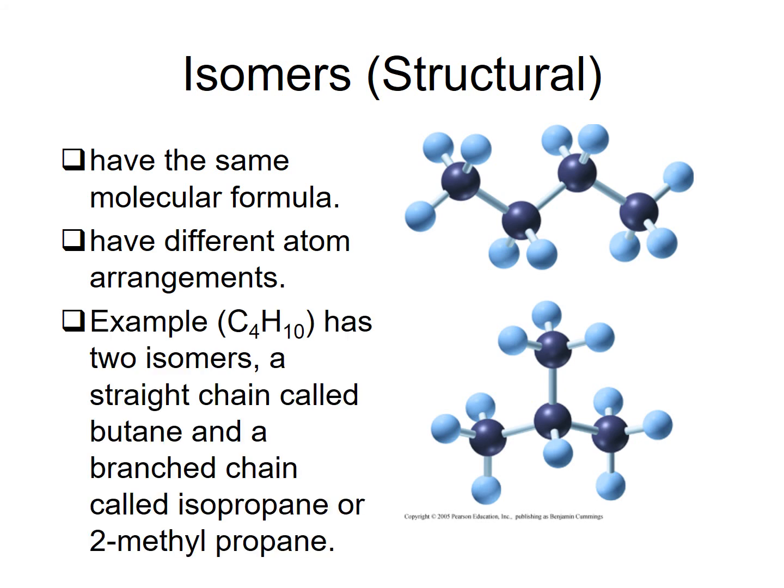These two isomers are called isobutane, or 2-methylpropane, for the branched one, and simple butane for the first one. So butane has an isomer, 2-methylpropane.